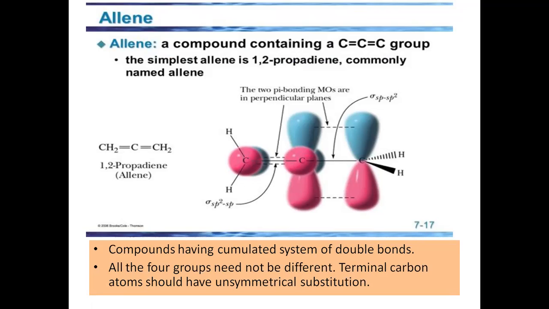So the allenes with unsymmetrical substitution at the terminal carbons show optical activity and isomerism. There should be unsymmetrical substitution at the terminal carbons. Then the molecule is optically active and shows optical isomerism.